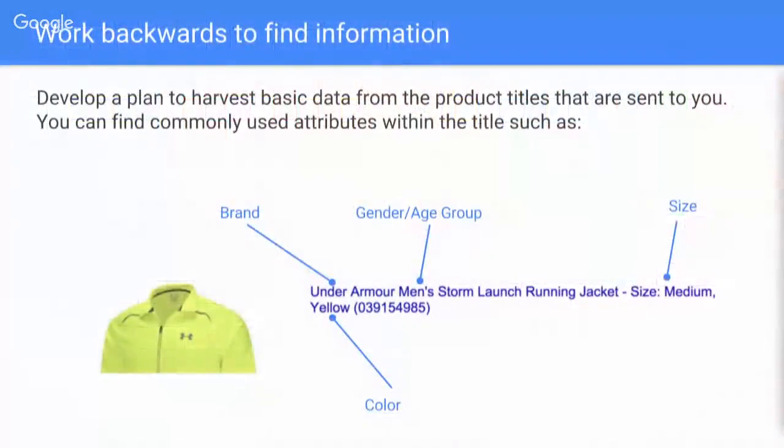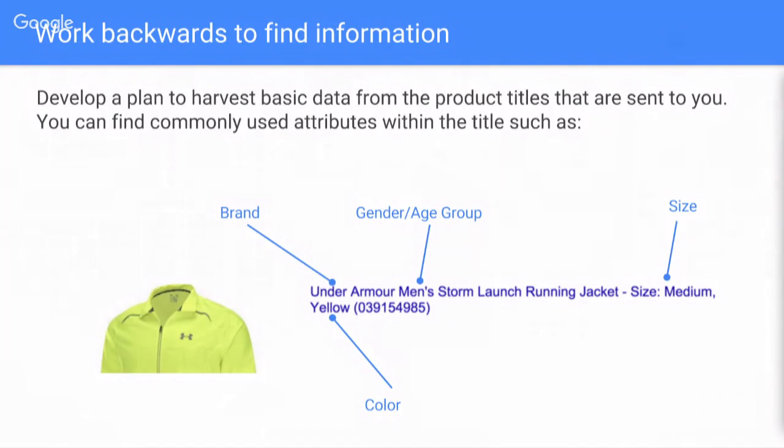Now, another tip here is you can work backward to find information. So develop a plan to harvest the data. This kind of sounds a little weird, harvesting data, but it's okay. You're going to see this group of keywords here, and this might not be exactly the right format, or the right language that Google's looking for in its feeds, but you can harvest that basic data sent to you from those advertisers and then find those commonly used attributes within the title.